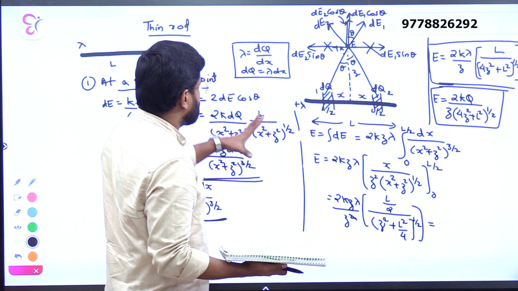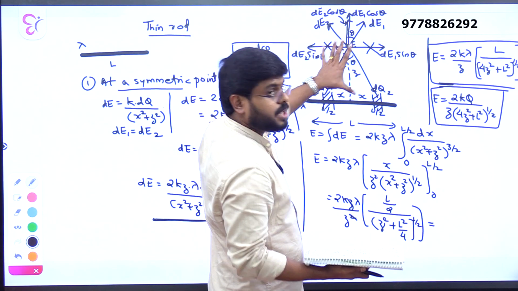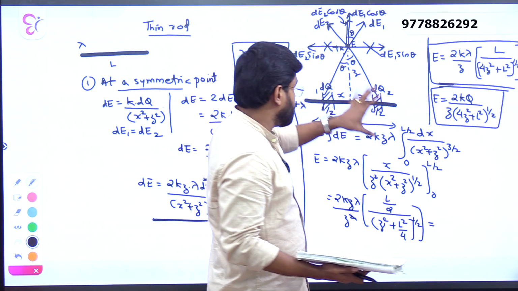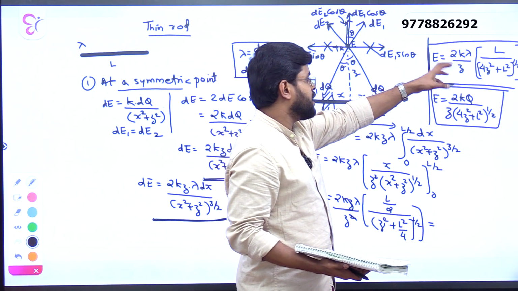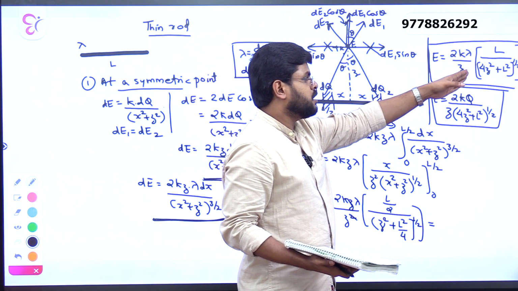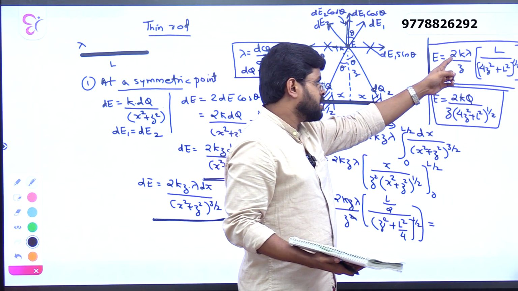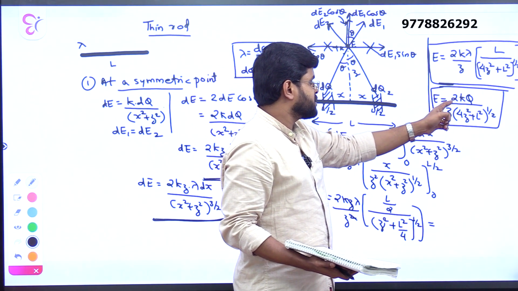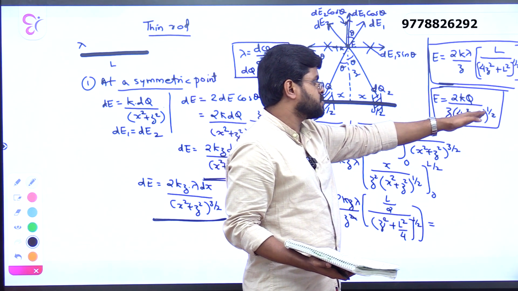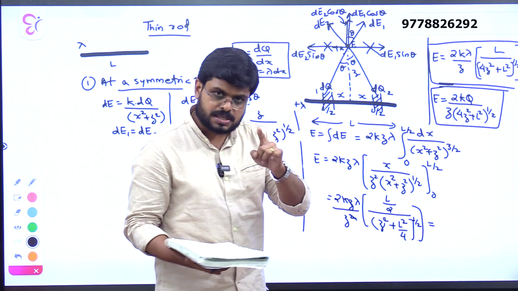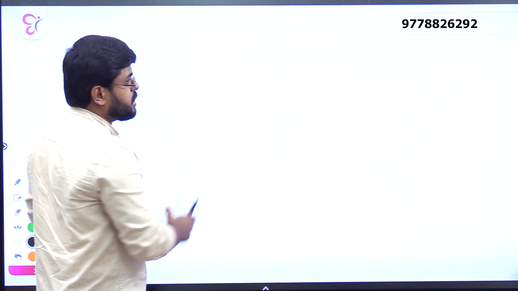So this is how we find out the electric field due to a thin rod at a symmetric point, which is at a distance z from the rod. So you got 2k lambda by z into L by 4z square plus L square whole power 1 by 2, or just lambda L is equal to Q, and 2kq divided by z into 4z square plus L square whole power 1 by 2.